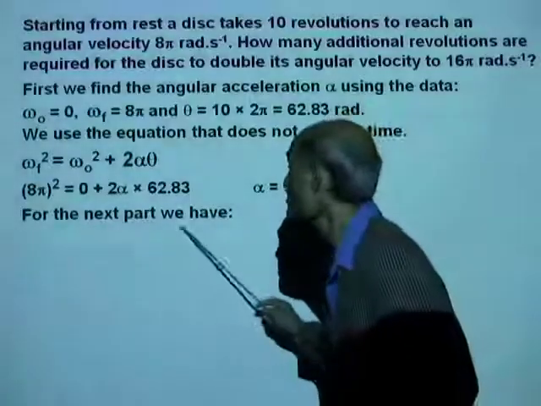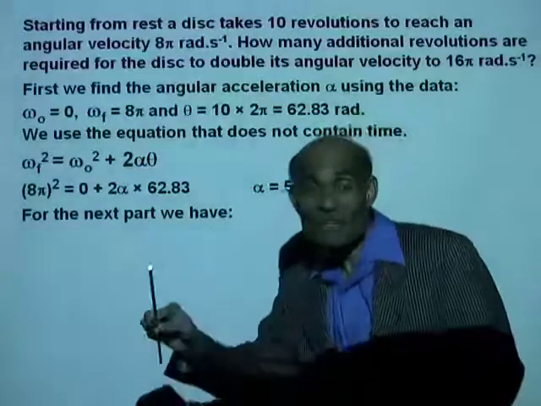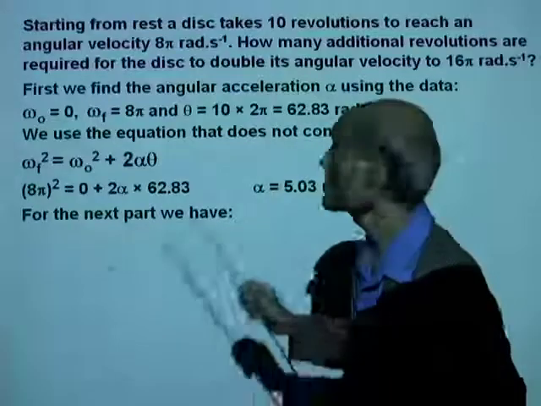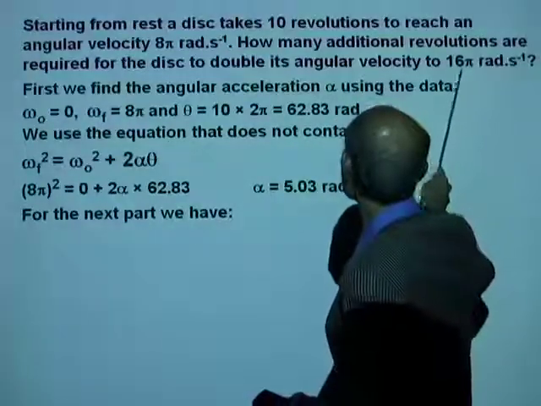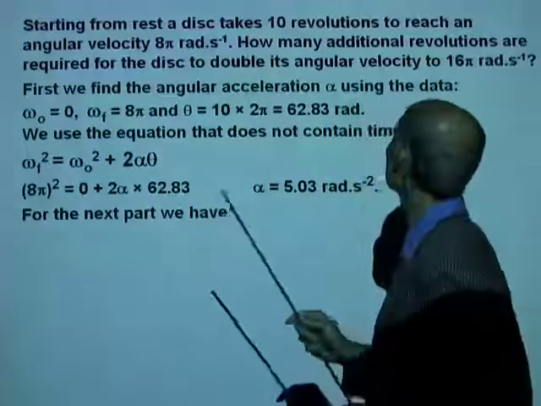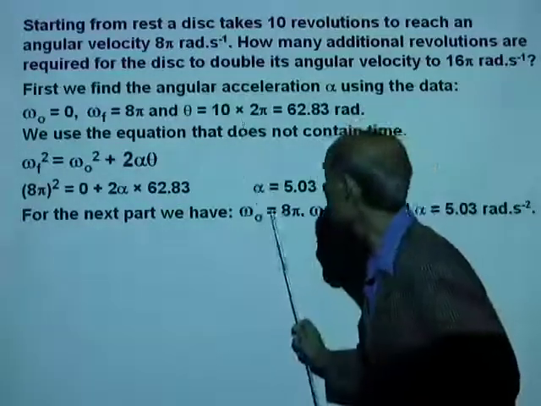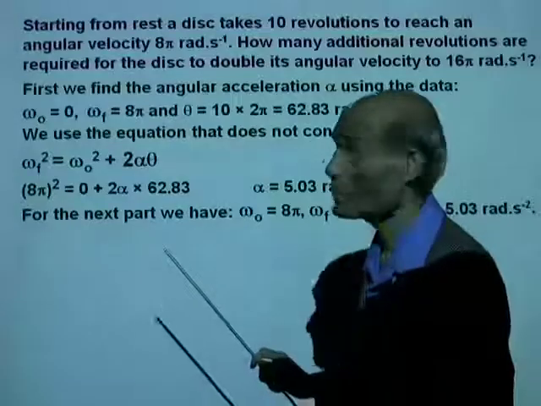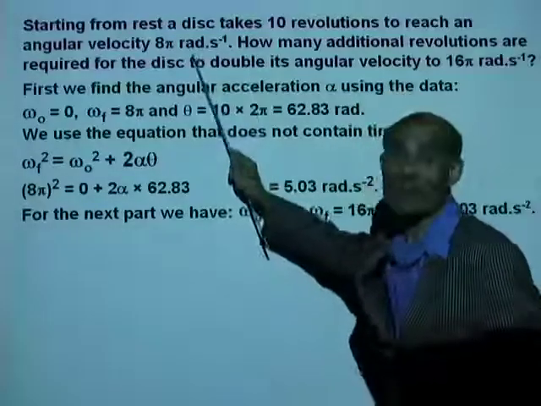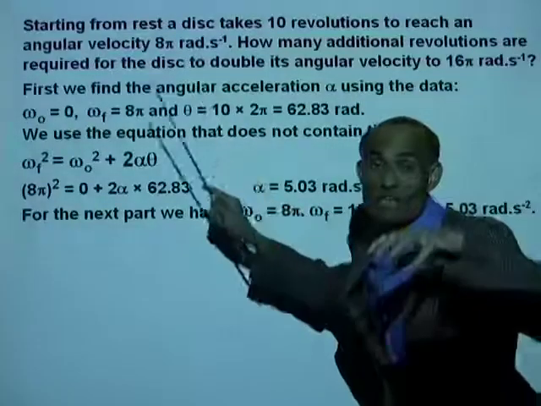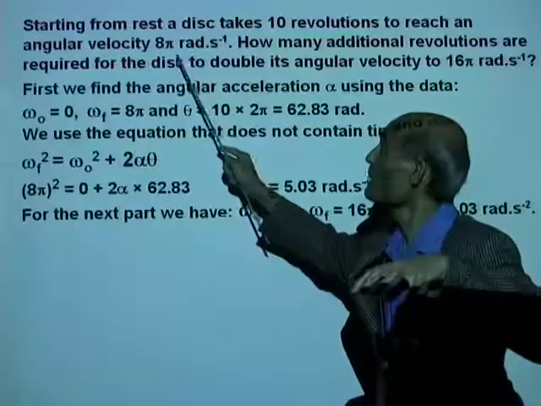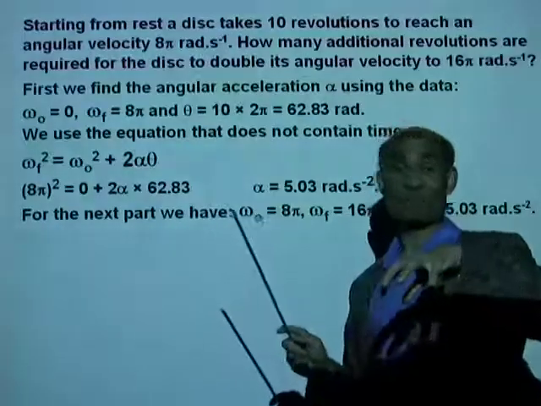So, for the next part, our final angular velocity is 16 pi radian per second. The initial angular velocity, you see, we have now completed the first part. The disk has an angular velocity of 8 pi radian per second.